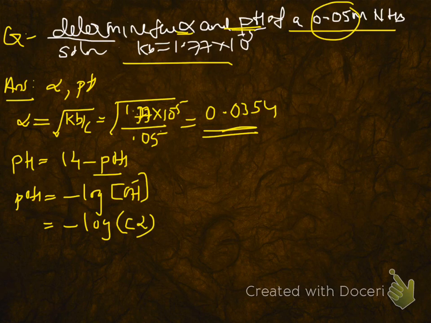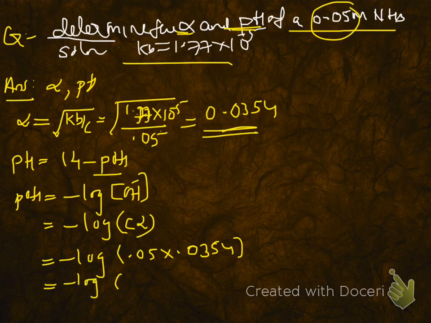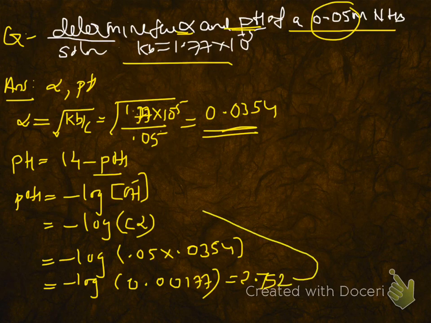So pOH is the negative logarithm of concentration 0.05 into alpha 0.0354, which is the negative logarithm of 0.00177, equal to 2.752.